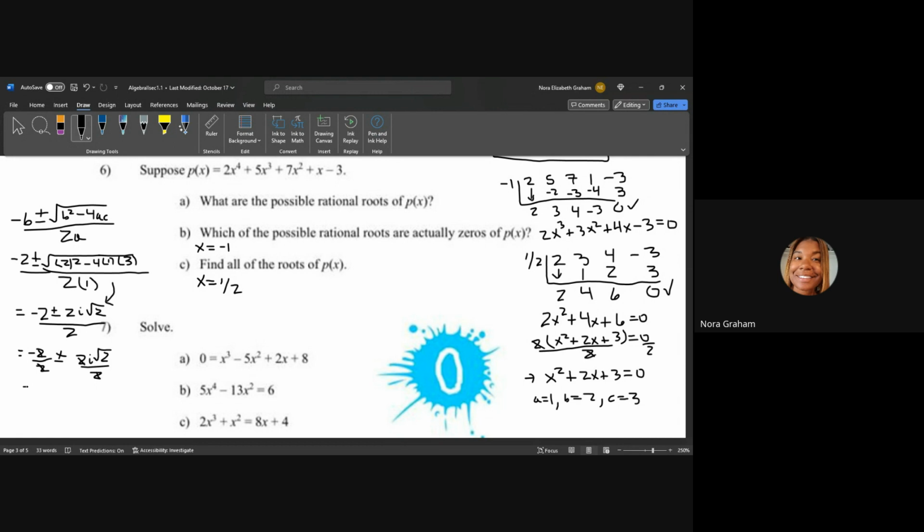So then I can rewrite this as negative 1 plus or minus square root of 2. And I'll put the i behind that. Okay. So that's going to be another one of my roots.